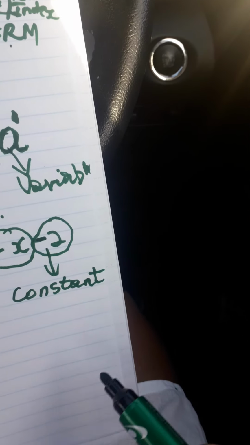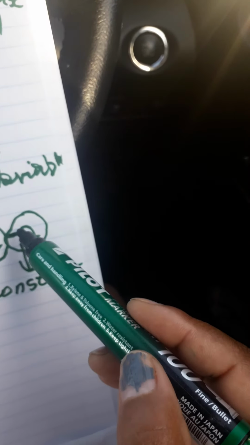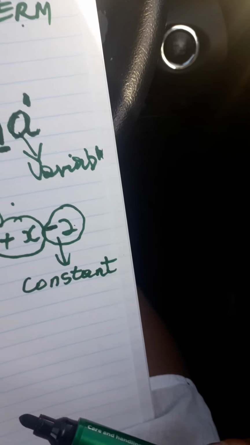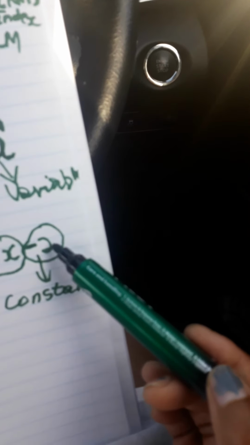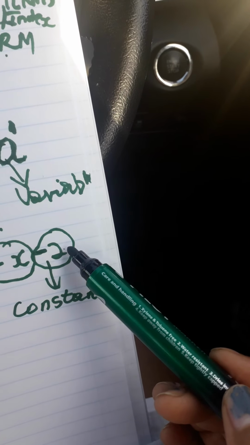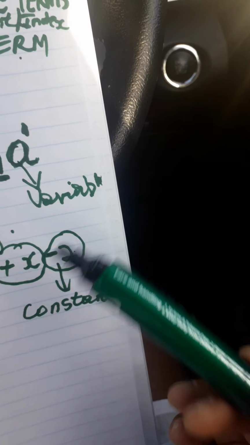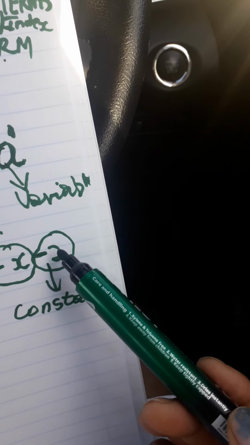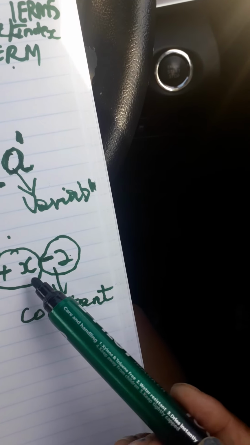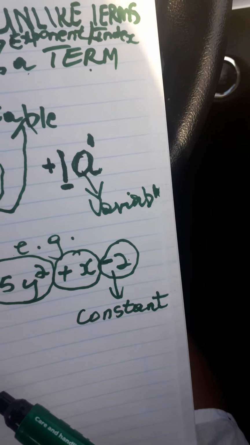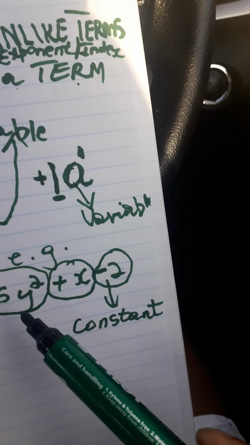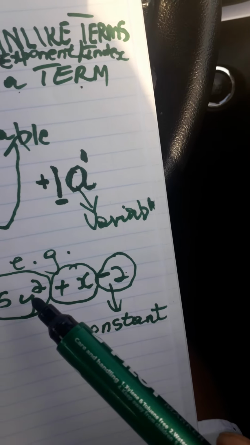The value of this term is not changing. So negative 2 here is a constant. Someone will ask how to know a constant. A constant is a term that has no variable next to it. If you look at negative 2, it stands alone, it has no variable next to it. Other terms all have letters of the alphabet, but I don't want to use that name anymore, because we need to get used to mathematical terms.